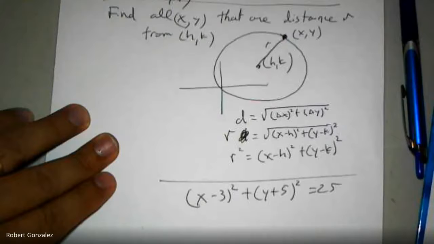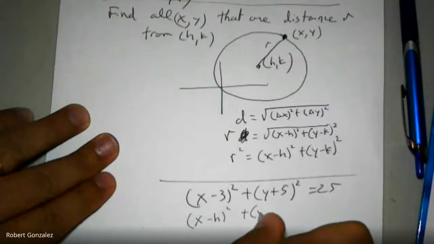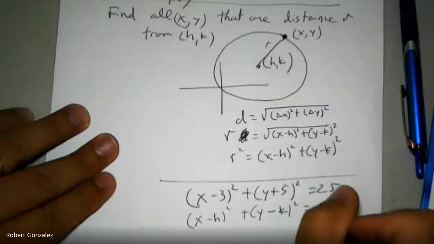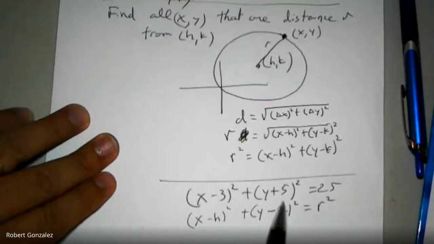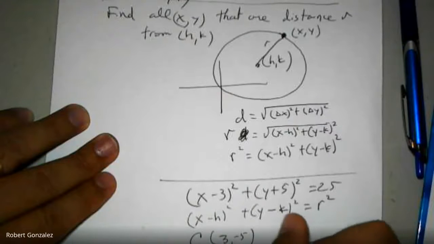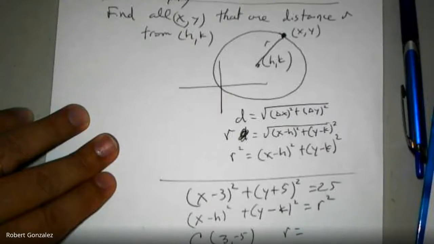If you can only do one of those parts, go ahead and put that in. I'm going to write this equation underneath. Maybe that'll help you. Looks good. So h is going to be 3 and k is going to be -5. So this is our center. Yeah? And what's the radius going to be? Compare them. What's the radius going to be?